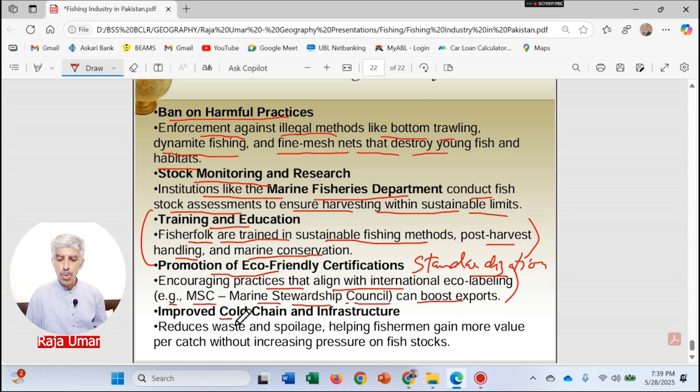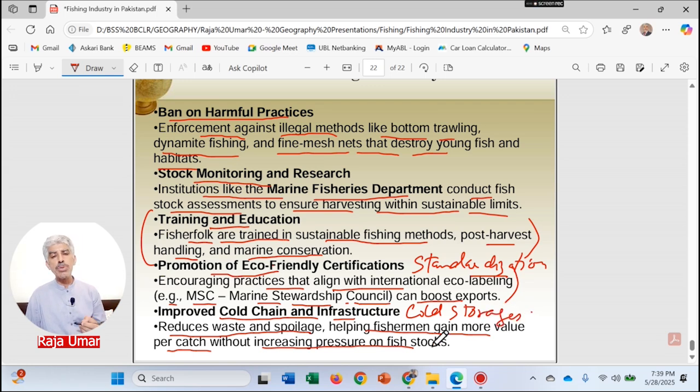So, improved cold chain and infrastructure reduces waste and spoilage, helping fishermen gain more value per catch without increasing pressure on fish stocks. It means that cold storages must be built in all those areas where fish is being caught, reared, or farmed.